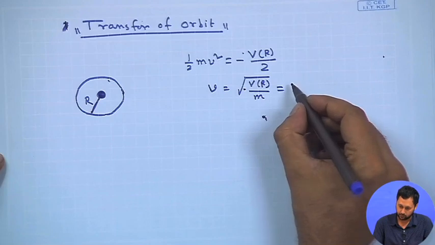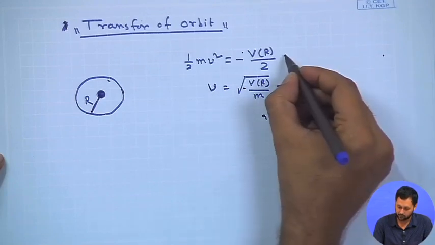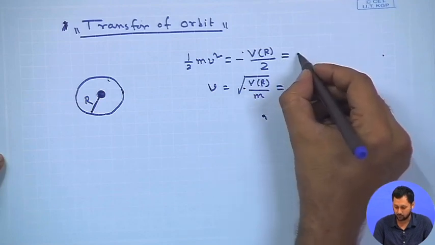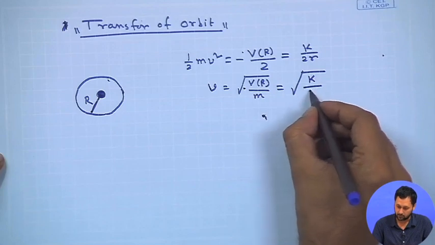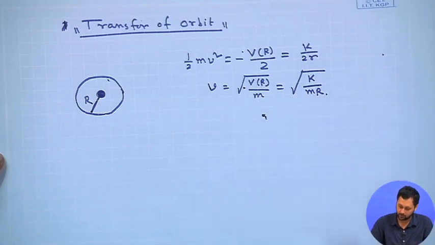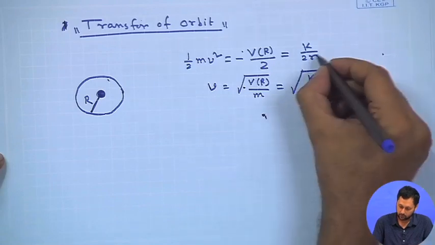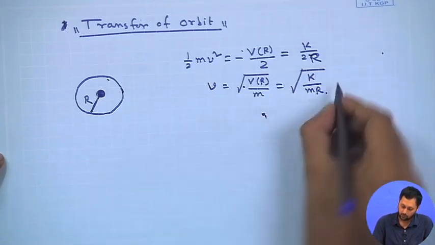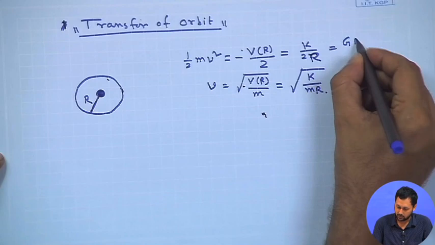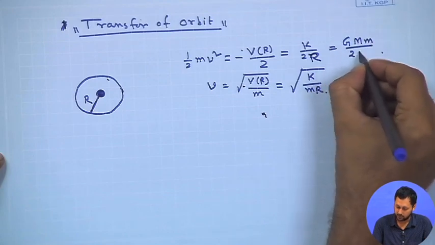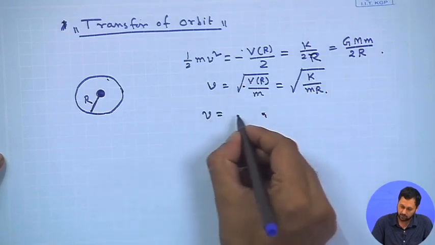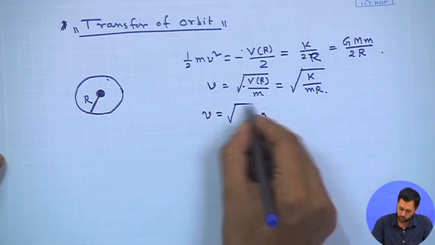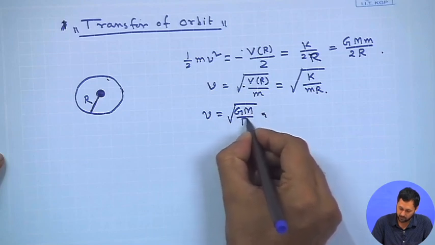If we take V of r to be equal to minus k by r, it will be k by 2r, so it will be root of k by m r in this case. Or, if we put k equal to G M m, then velocity v will be equal to root of G M by r.